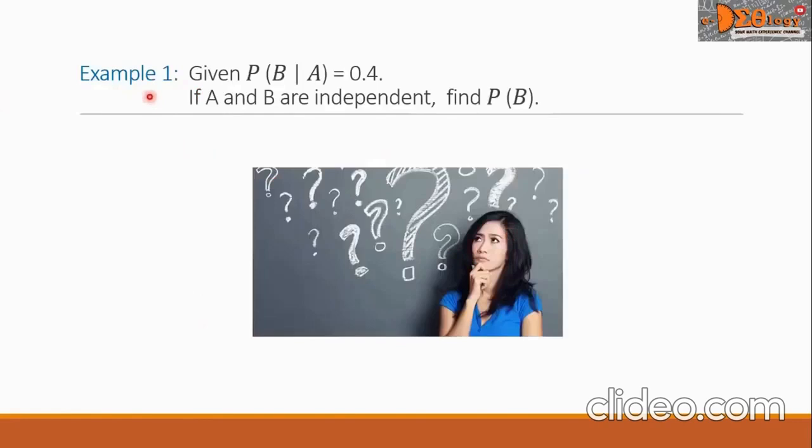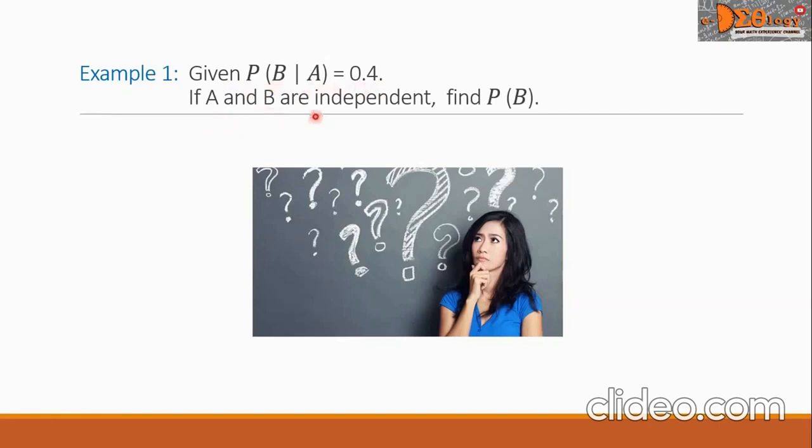Let us see some examples. Example 1. Given the conditional probability of B given A equals 0.4.